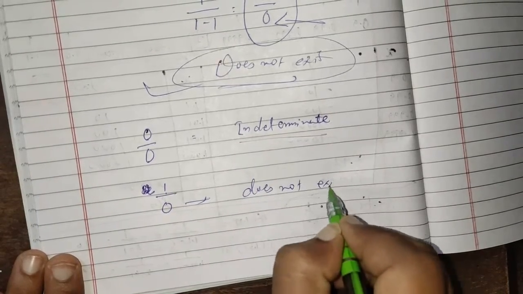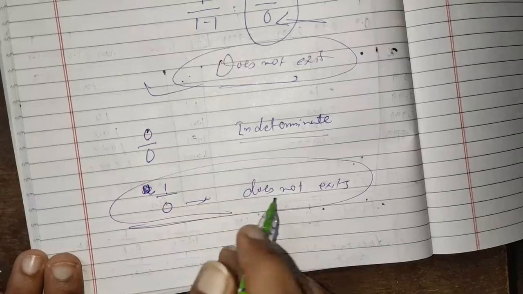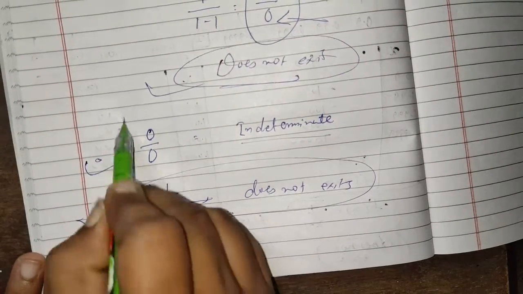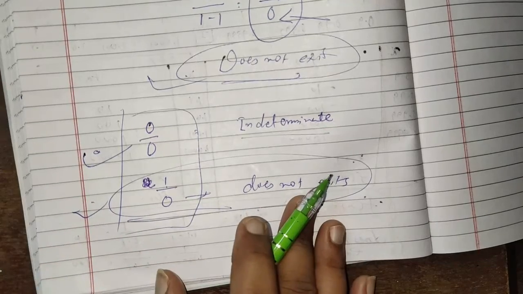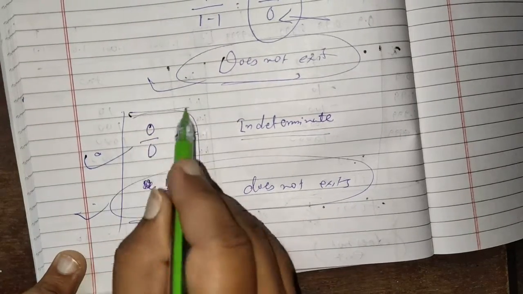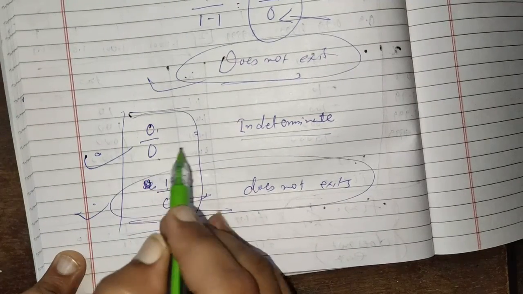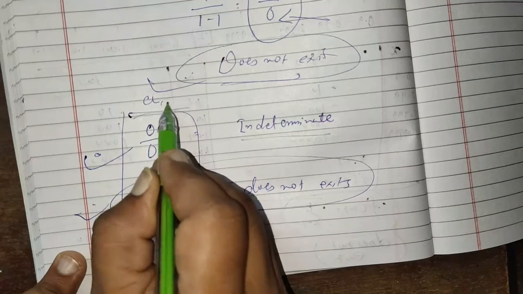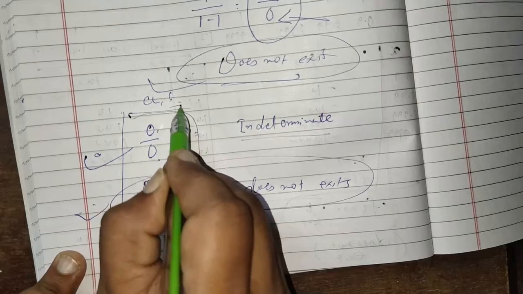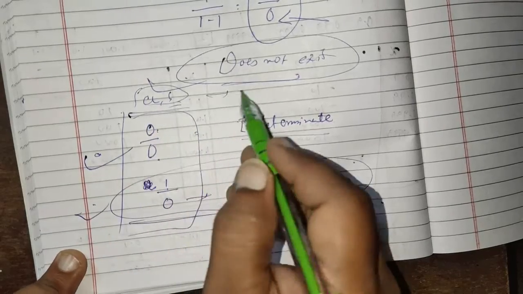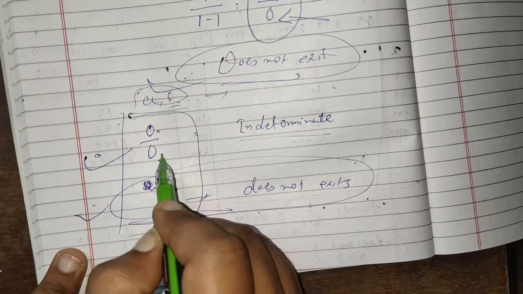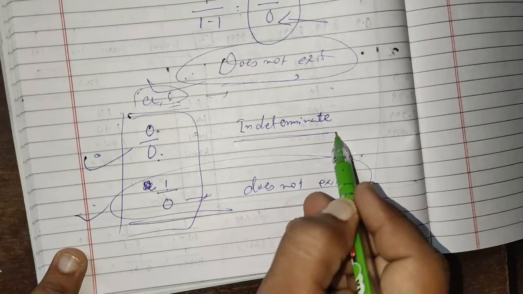The value will not be possible, and the function does not exist. These are both important rules for us. When we substitute the value and the answer is 0 divided by 0, that's called indeterminate. If we get a particular value like 1, 2, 3, 4, 5 or a, b, c, we get the value of the function directly.